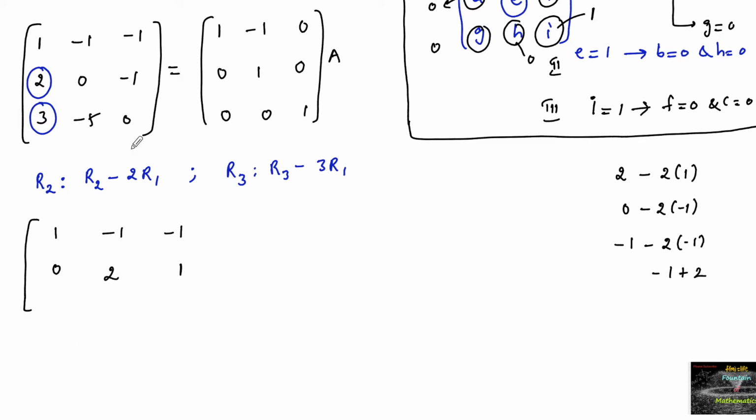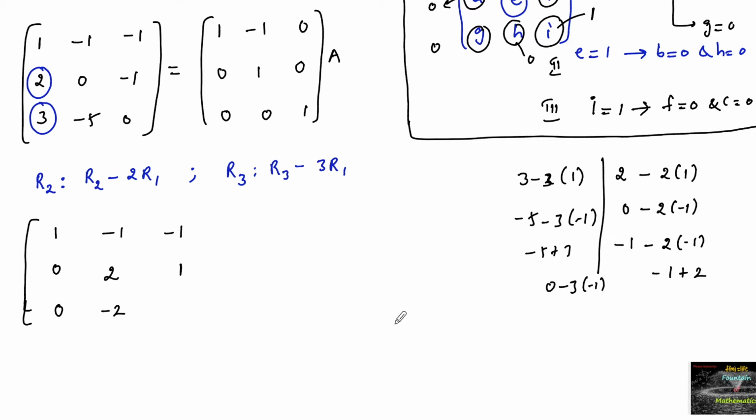And coming to the next one, 3 minus 3 times 1, that is 3 minus 3 is 0. And then minus 5 minus 3 times minus 1, that is minus 5 plus 3 is minus 2. And then 0 minus 3 times minus 1, that is minus of minus, plus 3.